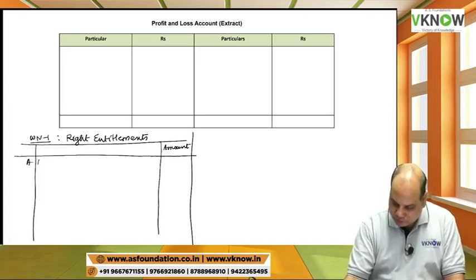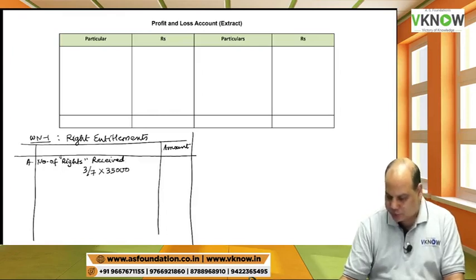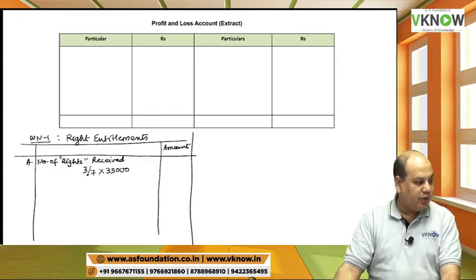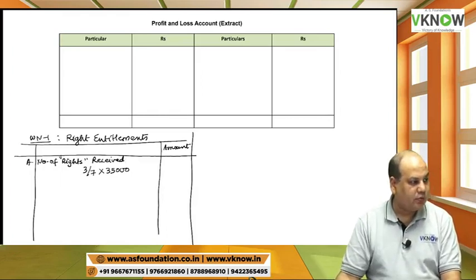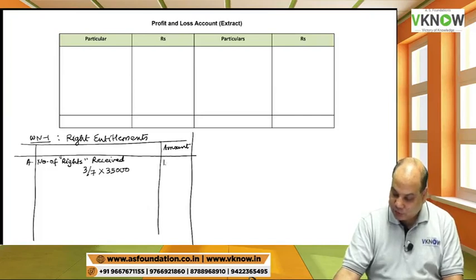A, number of rights received. 3 by 7 into 35,000. 15,000? Correct.